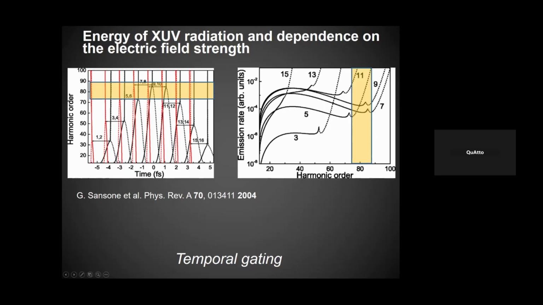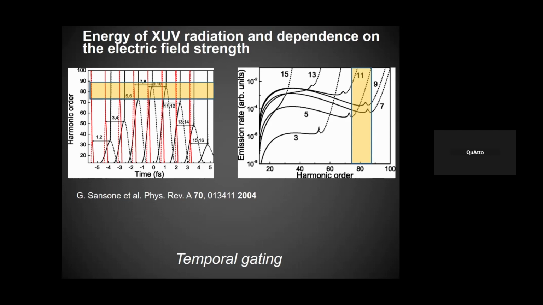So what we learned is that if we start using very short pulses, and I will start using the term few-cycle pulses, pulses which comprise only a few oscillations of the electric field, we can confine the harmonic generation to only a few trajectories. In this case, two.